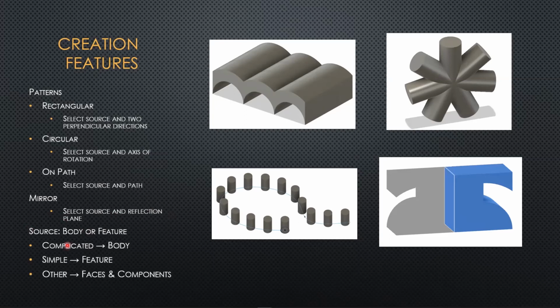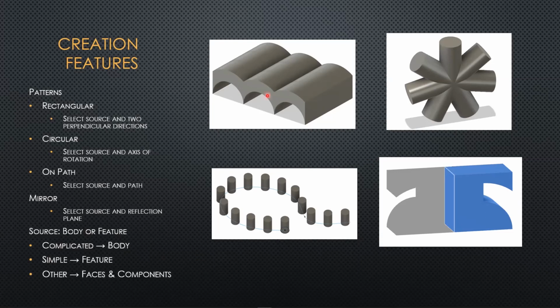Another thing to be aware of when you're doing patterning is, what do you want to select, a body or a feature? If you have a complicated part, so something with a lot of detail, something that was intersected and then combined and then filleted, you probably want to select the body.